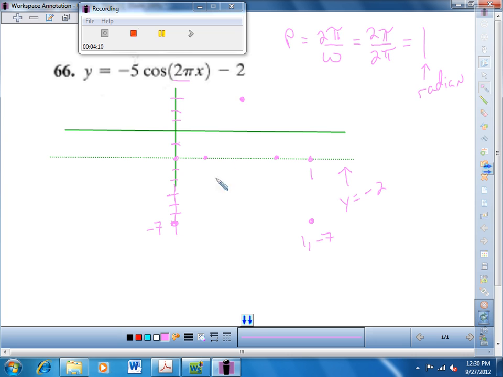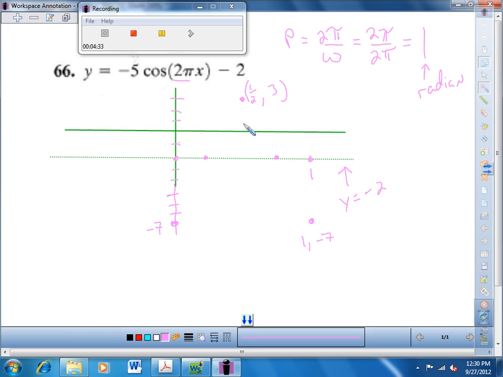A cosine function crosses this midline, as I call it, y equals -2, and it's going to do that at the quarter points. So what's halfway between 0 and 1? 1/2. So this is the point 1/2, comma 3.